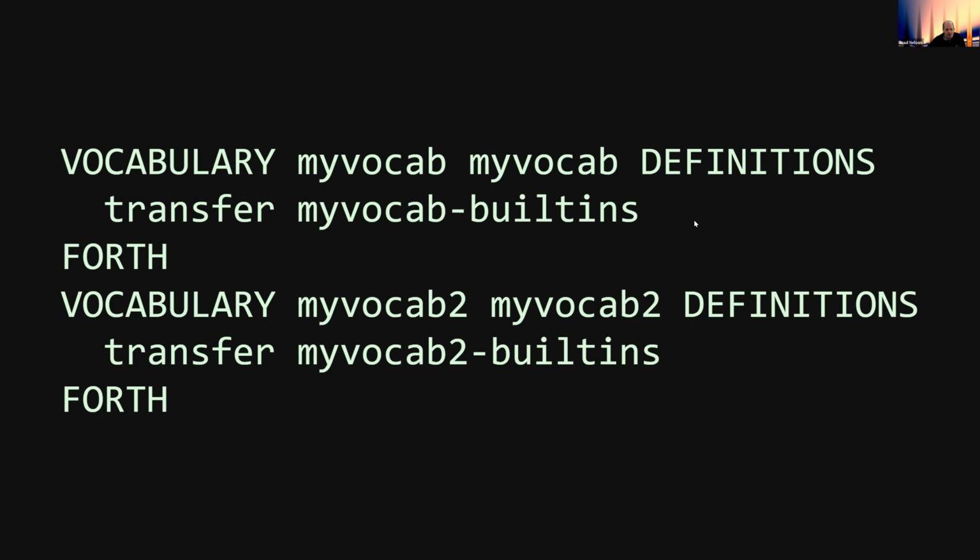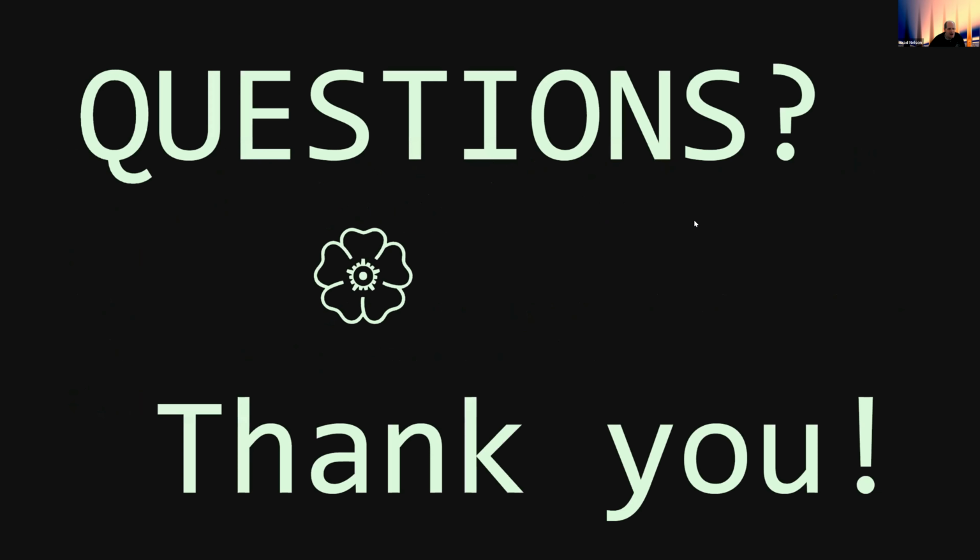So kind of a bad design constraint on the system that bubbled through to the user. But if you are eager to use vocabularies for extensions, this is what there is right now. That's all I've got for this time.